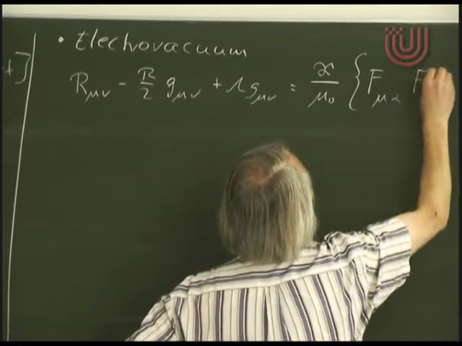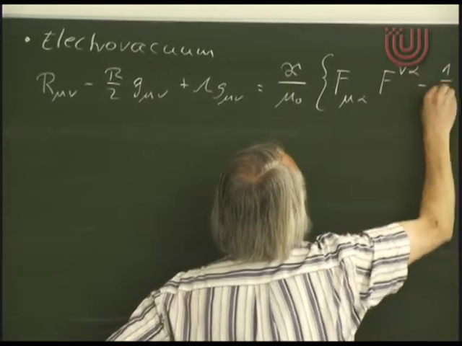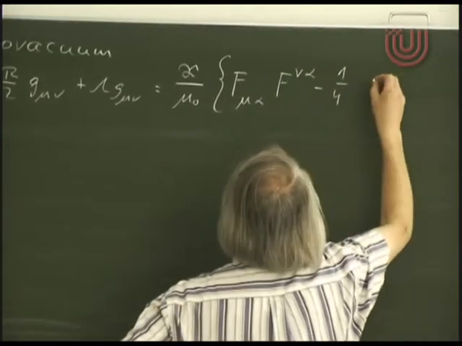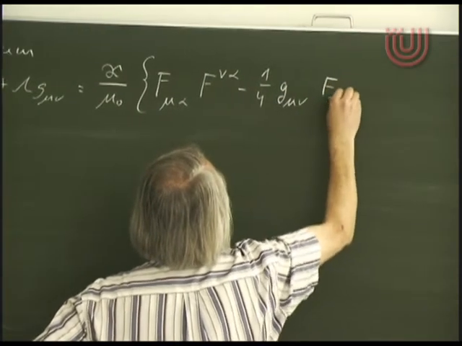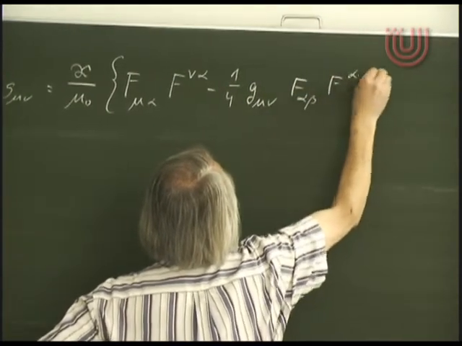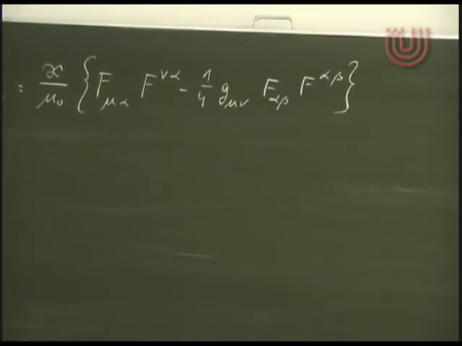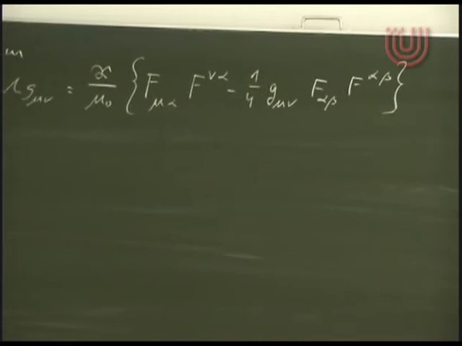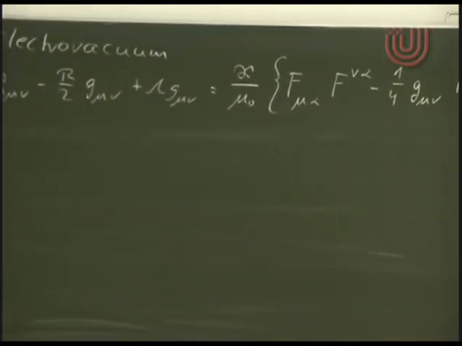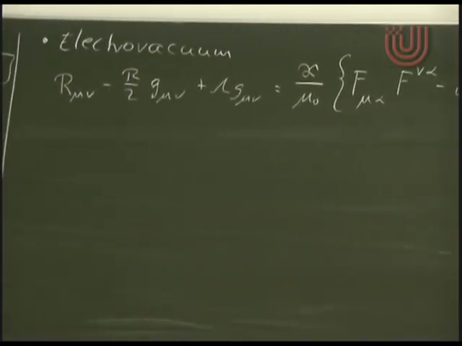F mu alpha, F nu alpha minus 1 over 4 g mu nu F alpha beta F alpha beta. F is the electromagnetic field. So that would be electrovacuum. So the source of the gravitational field is an electromagnetic field, right?